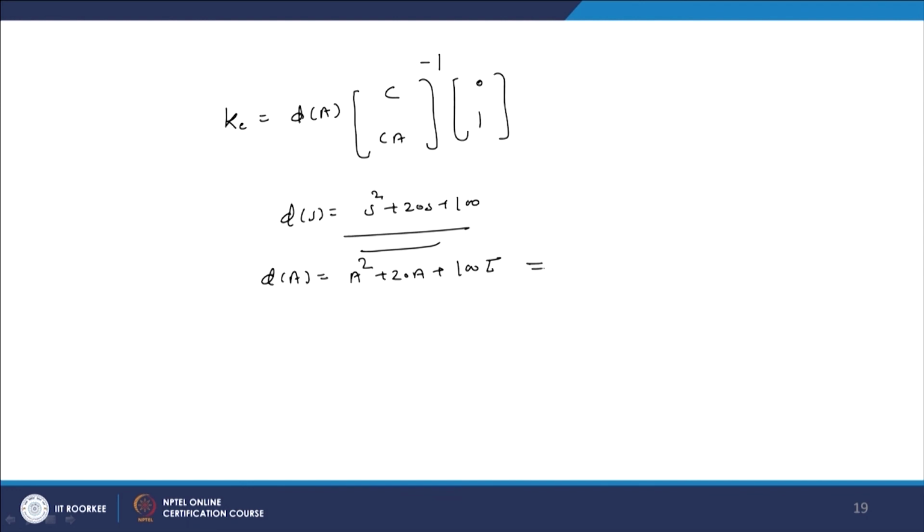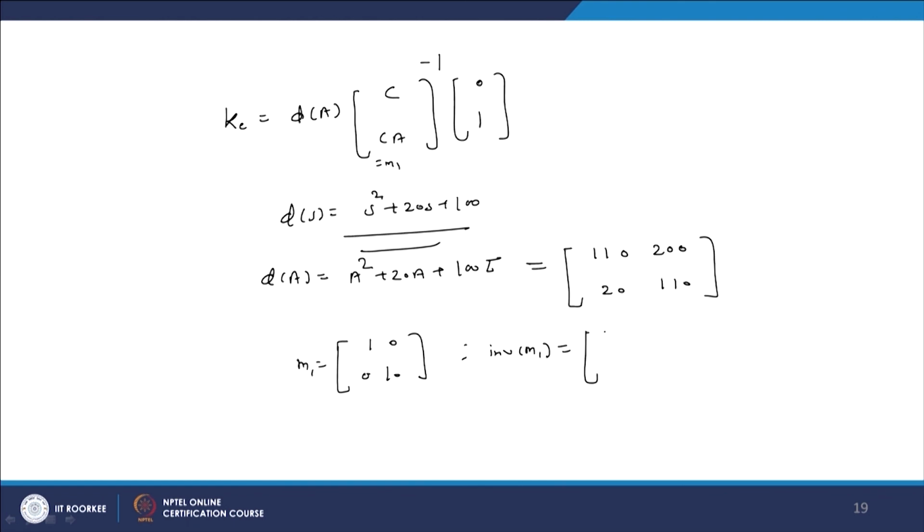So here if you solve it you will get 100 10, 0 100. Now here let us say this C, C A, let us say m1. So this m1 we get as 1 0, 0 10, and if you want to determine the inverse of m1, we will get 1 0, 0 0.1.